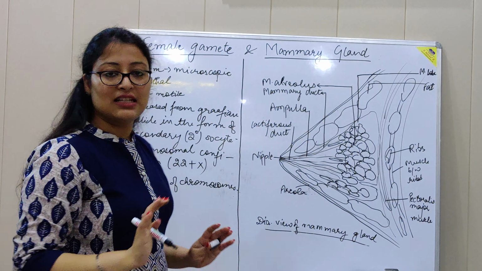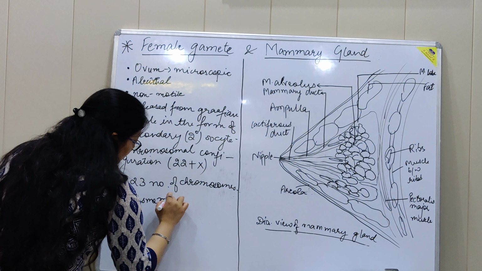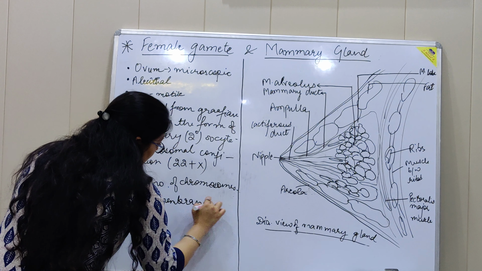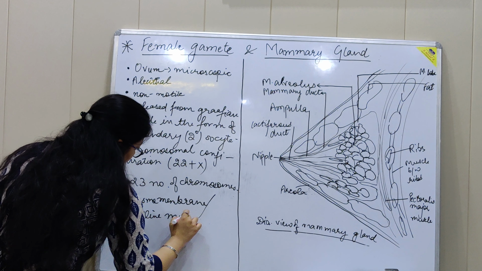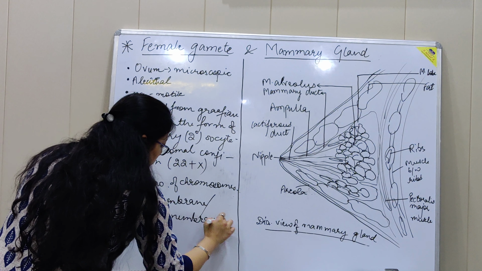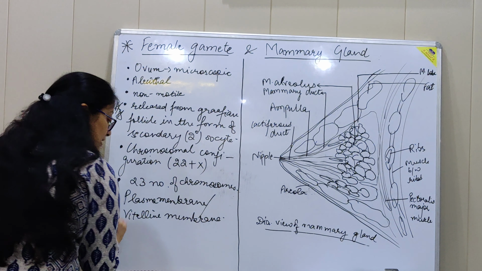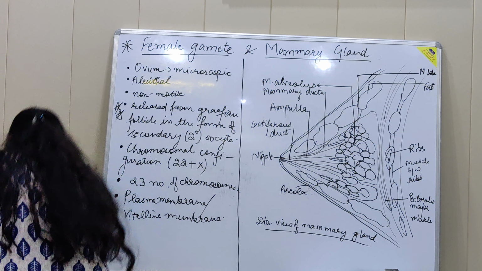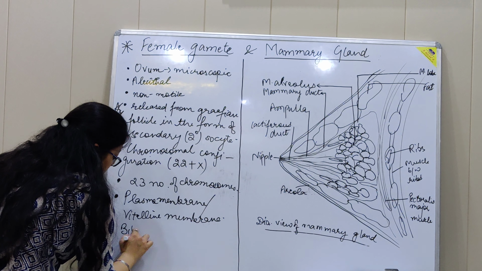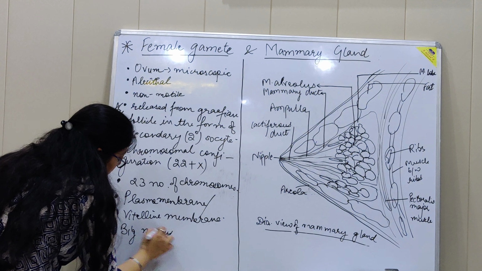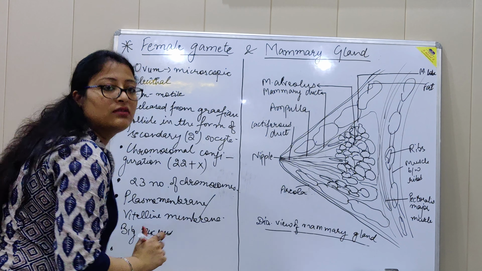No separate membrane is present. Plasma membrane or vitelline membrane. Big nucleus is present, distinct nucleus. Cytoplasm is known as ooplasm.